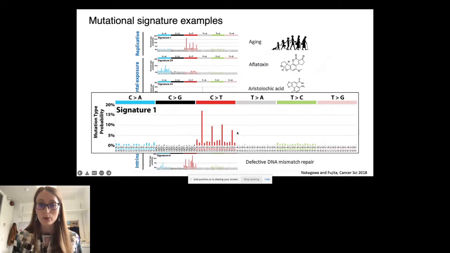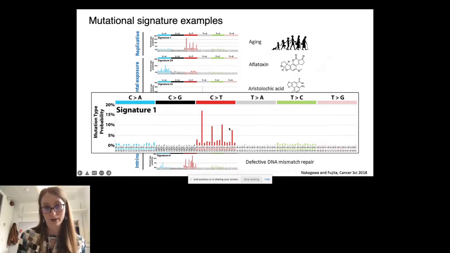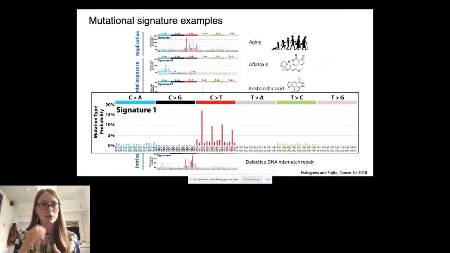Well, we are looking at what is the probability that certain bases will be mutated if a certain risk factor is acting on those cells. So for instance, here, I'm showing you a signature of aging, of the aging process. Now, aging tends to induce C2T substitutions, like I showed you before.